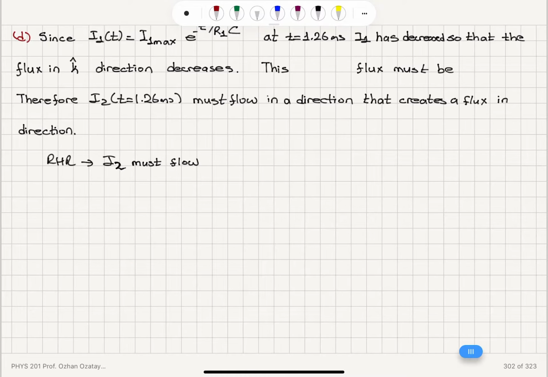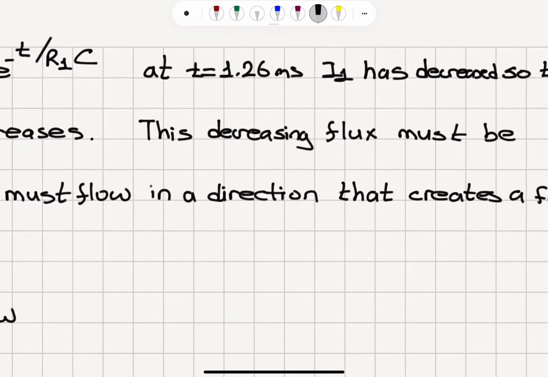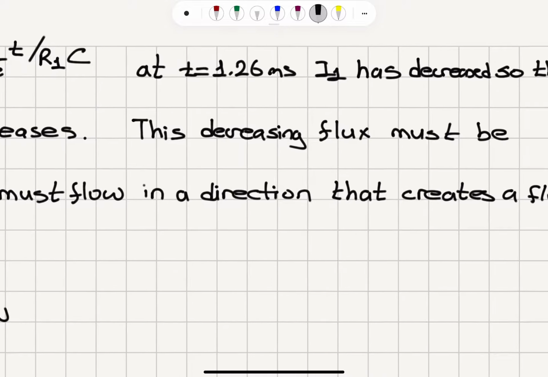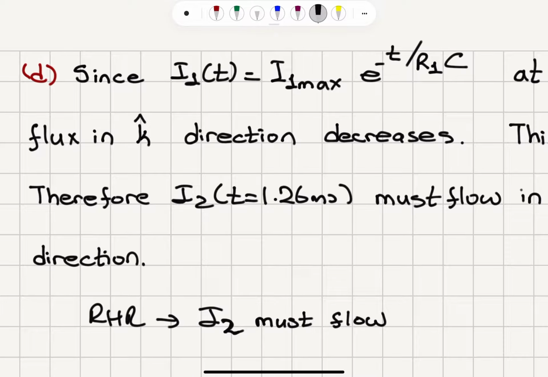So this decreasing flux must be opposed according to Lenz's law. So therefore, we find that I2 at one time constant must flow in a direction that creates a flux in k-hat direction.